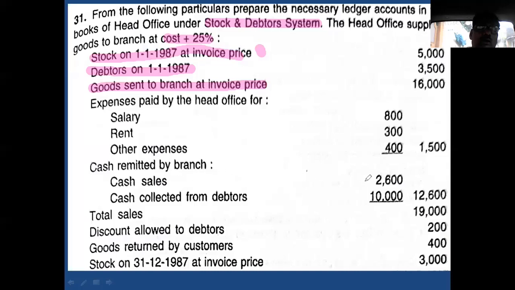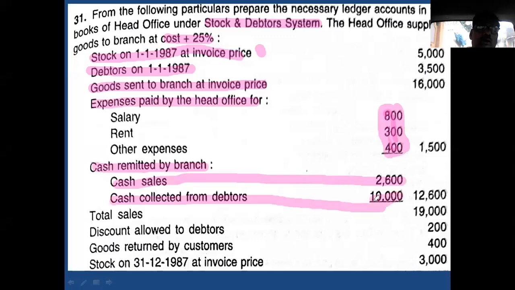Cash sale is the first item on the credit side of the branch stock account. Second, collection goes to the branch debtors account credit side. Then the total sale is given.